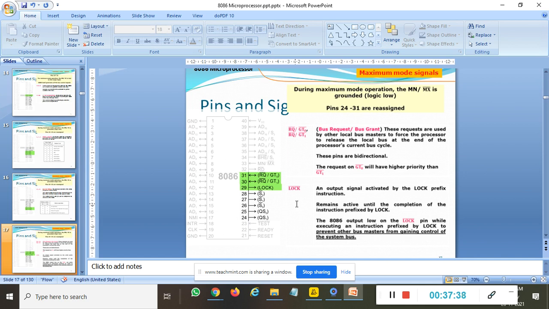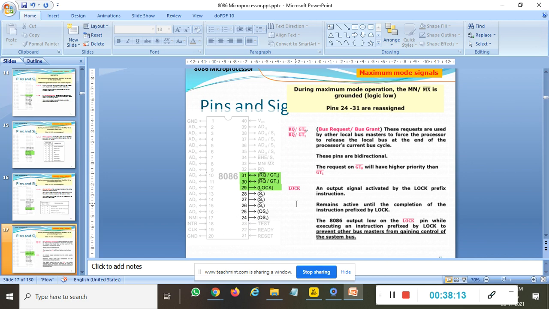In 8086, the output goes low on the lock pin while executing an instruction prefixed by lock, to prevent other bus masters from gaining control of the system bus. It means it locks the other bus, and does not easily let it be accessed while the current instruction is running.